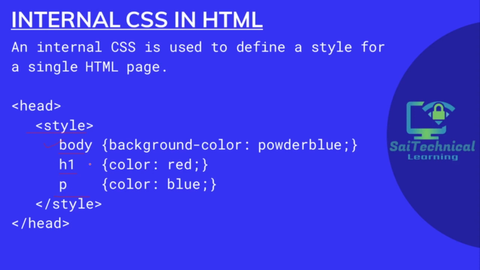With the help of body, we can provide the property for that particular body tag, with its property and value. Similarly, for the h1 tag we have the color property and its value. We define that internal style sheet inside the head tag, which is called internal CSS.